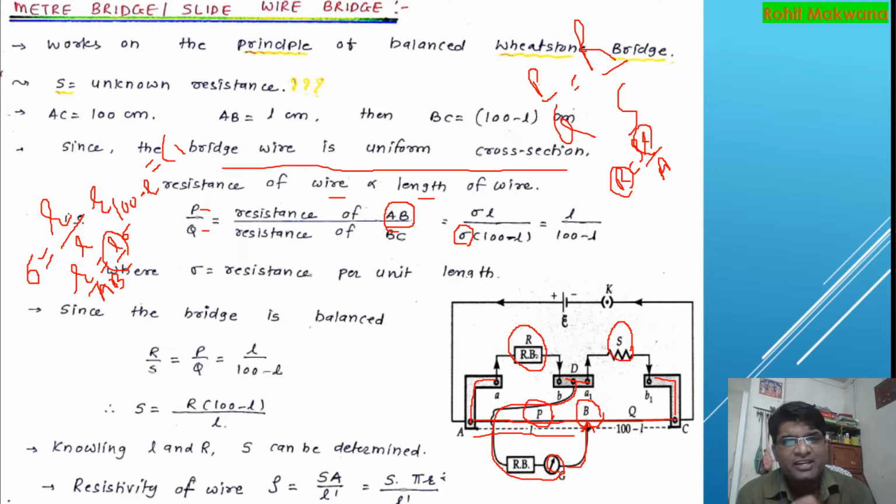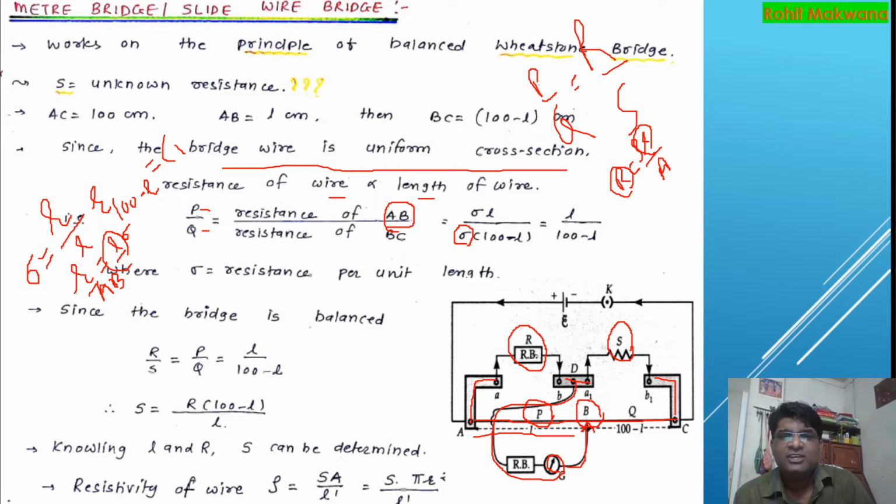So you get a balancing length on this wire by sliding the jockey, with one arm as resistance P and another arm as resistance Q. Sigma here is constant, so we put sigma L and sigma into 100 minus L.